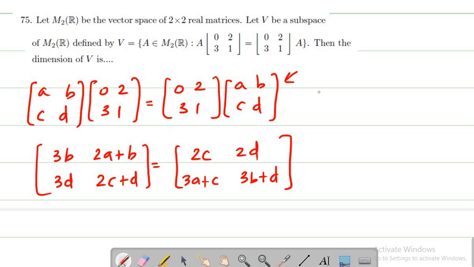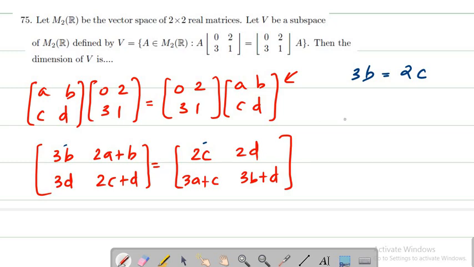From this you get a few implications. What do you get? You get 3b is 2c, if you compare the first elements of these matrices, the a11 element, or the element in position 1,1, first row, first column.